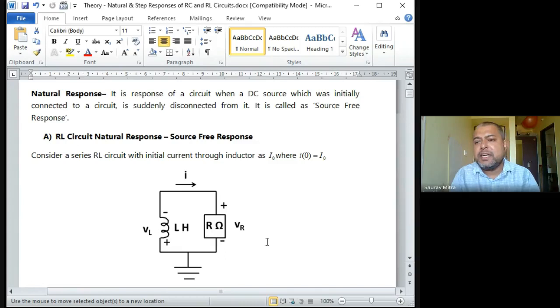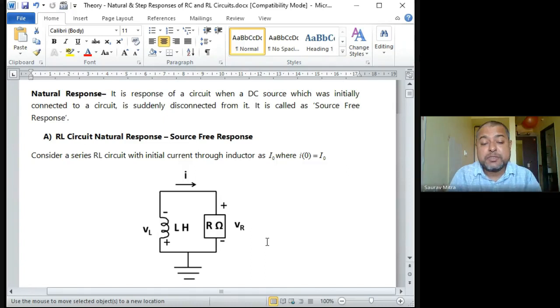Same thing for the capacitor. Initially the RC and DC supply were in series. I charged the capacitor to a high extent, and then I removed the supply voltage and found how the capacitor is discharging through the resistor. So how much is the capacitor current reducing at every instant, and after a certain instant it will come to zero. So this is actually called a natural response.